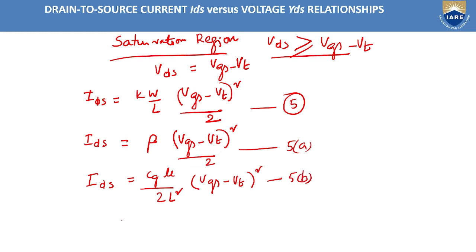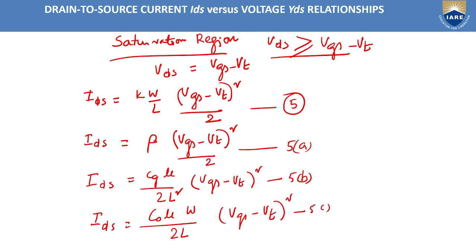And using the unit area gate capacitance, the relationship becomes like this: IDS is equal to C naught mu W by 2L into VGS minus VT whole square. So this is the relationship for the saturation region.